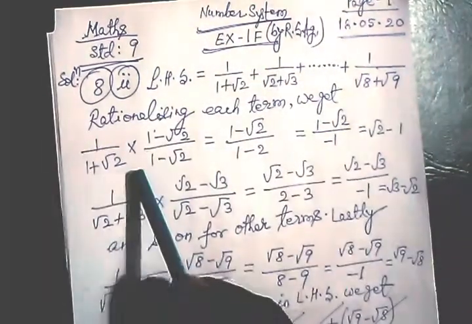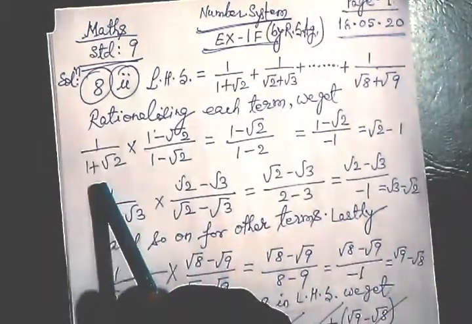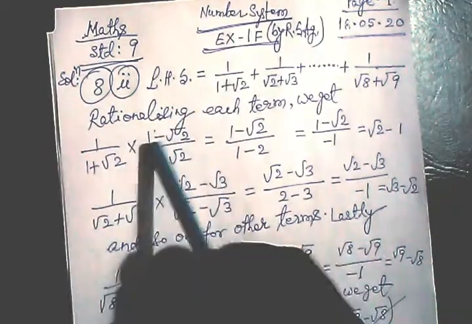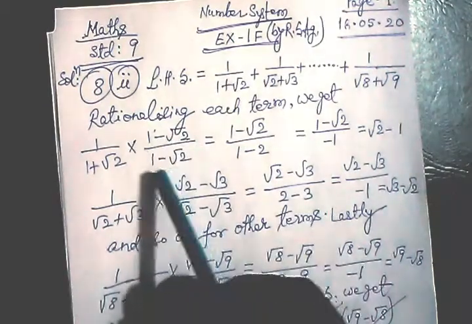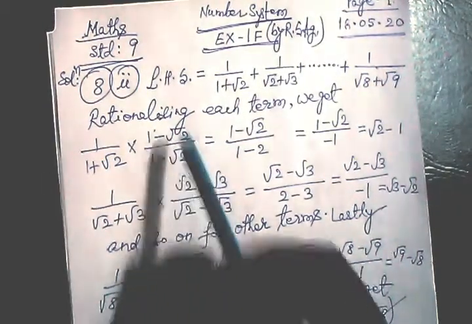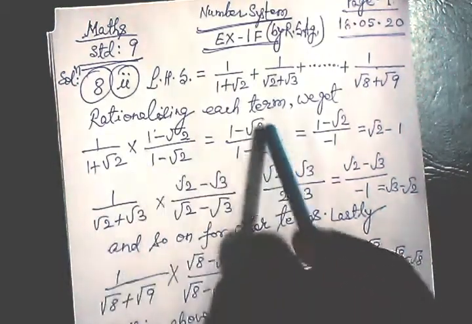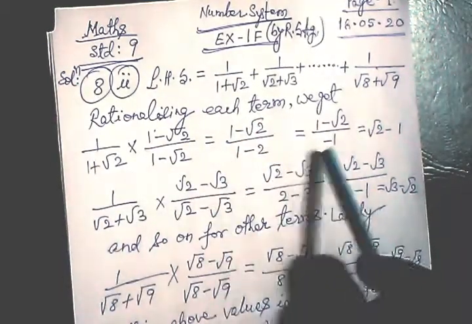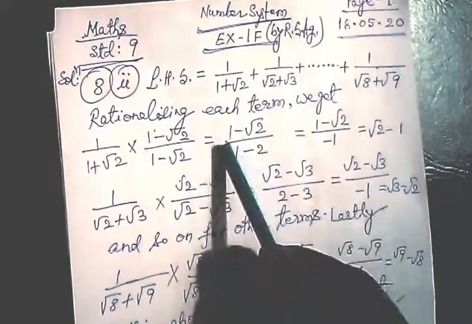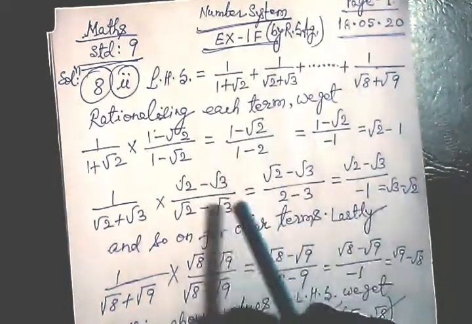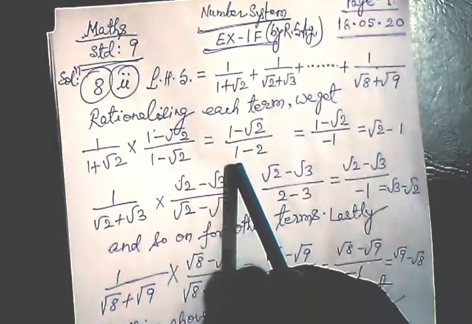When you rationalize, you will multiply the denominator and numerator by the same quantity, 1 minus root 2 upon 1 minus root 2. After rationalization, you will get 1 minus root 2 in the numerator, and in the denominator 1 minus 2.